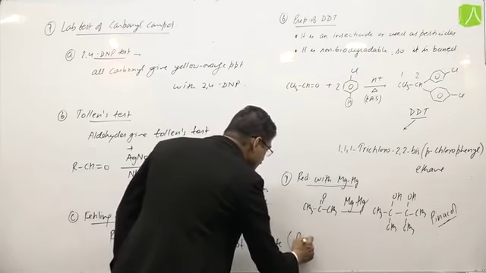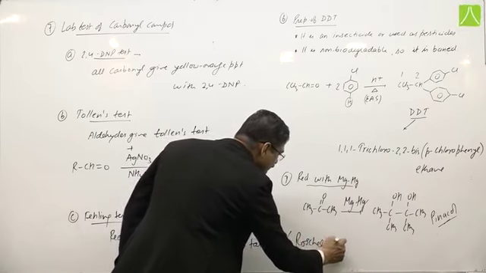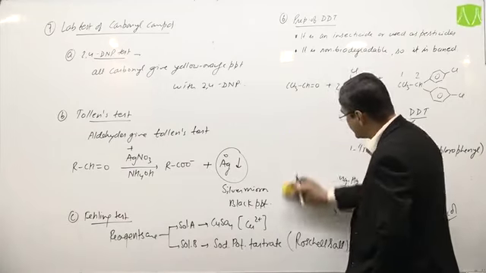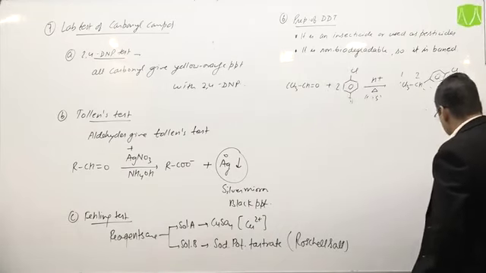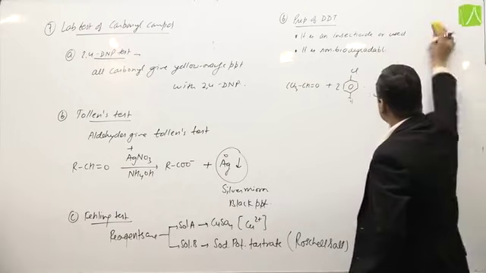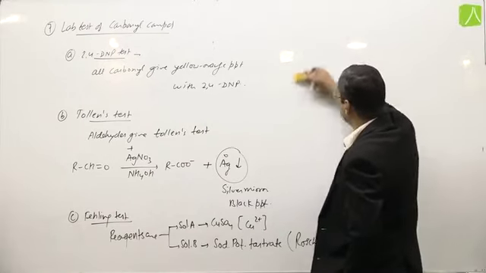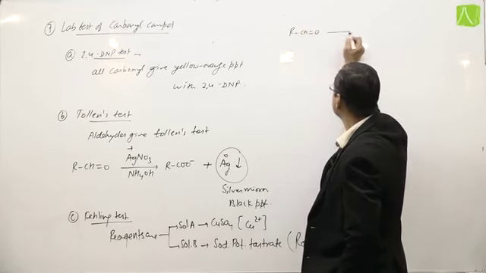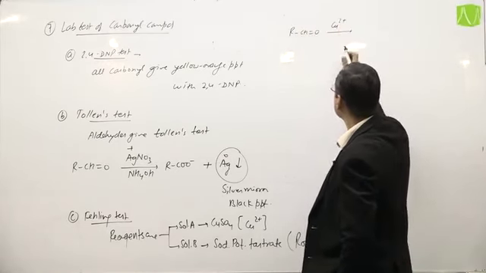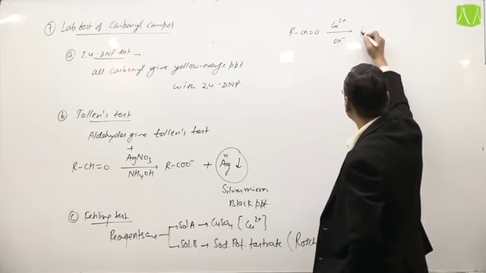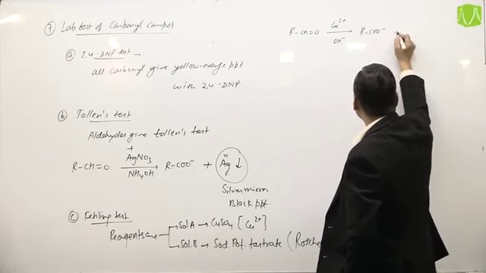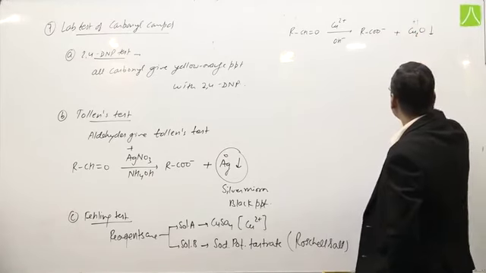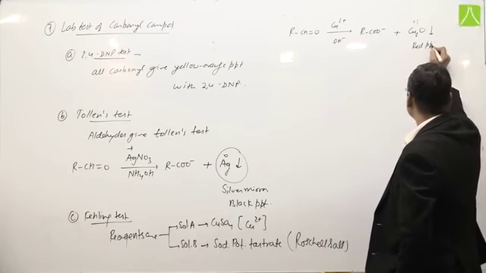It is also known as Rochelle salt. So overall copper 2 plus reacts in basic medium. So reaction is like this: RCHO, copper 2 plus in presence of basic medium, aldehyde oxidized into acid and copper reduced into copper plus 1. This is the red precipitate.